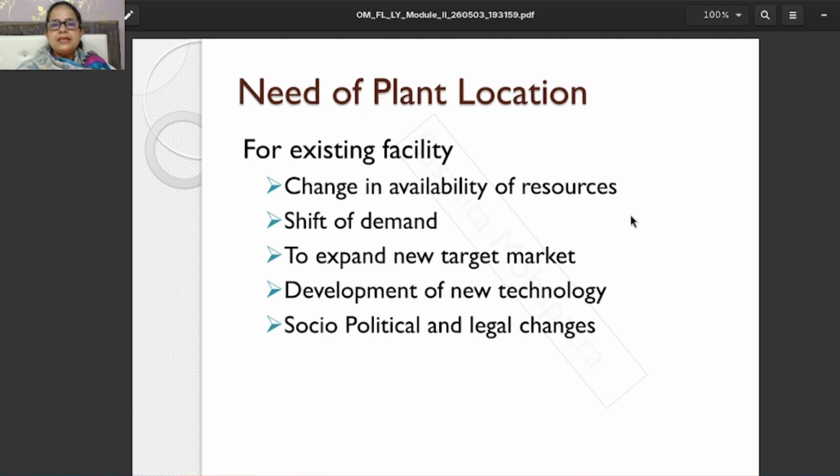Then socio-political and legal issues. If there are political changes, or the rules and regulations of that place have changed so that they are no longer applicable to us or do not provide any good input to us, then we can change that location to another.